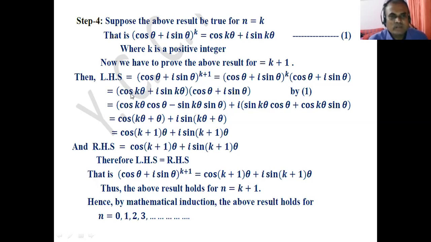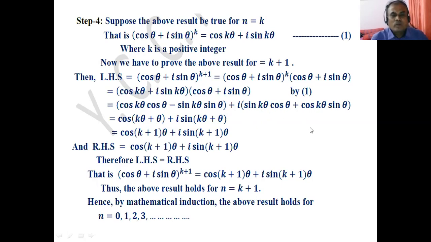Now the imaginary part: cos k theta multiplied by i sin theta, giving i cos k theta sin theta, and another imaginary part, i sin k theta multiplied by cos theta, giving i sin k theta cos theta. So i is common: plus i times (sin k theta cos theta plus cos k theta sin theta). So this is the imaginary part in another bracket.